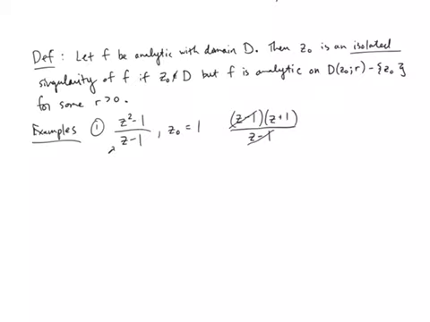So what's going on here is that we just have a bad definition for our function, and it's extendable beyond the original domain to a slightly larger domain. This point z0 is only a singularity of our function because we didn't define our function in as optimal a way as possible.